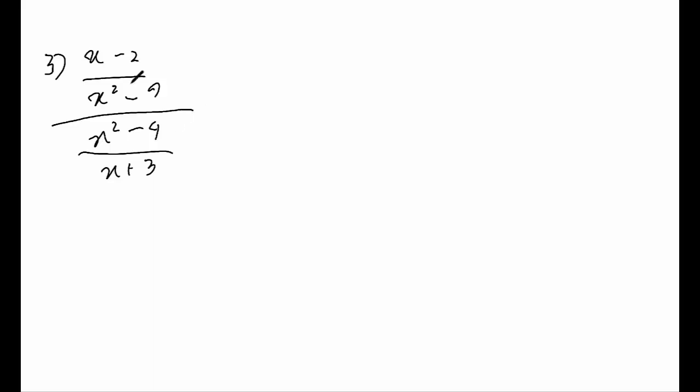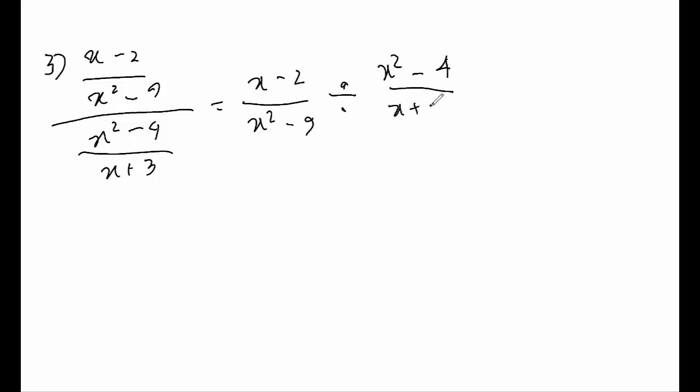So what we're going to do is we're going to turn this ultimately into a multiplication problem. So we'll say that's equal to x minus 2 over x squared minus 9 divided by x squared minus 4 over x plus 3.